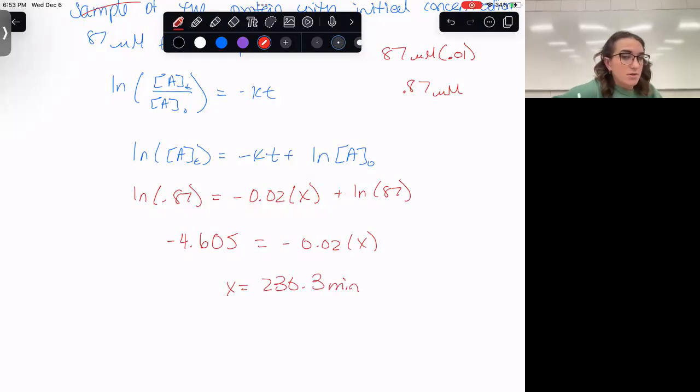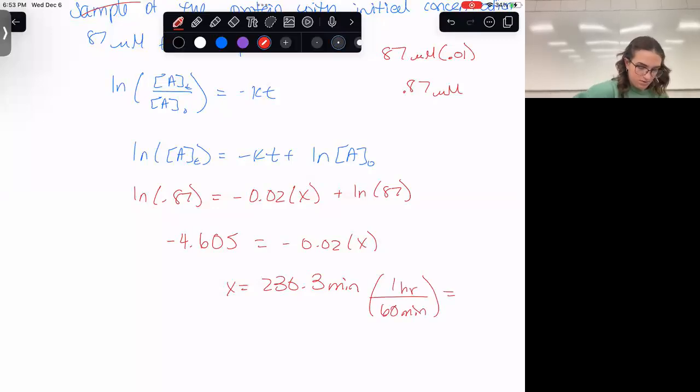You're given 0.05 seconds, 0.5 minutes, 230 seconds, 86 minutes, or 3 hours. Since none of the first 4 match, I'm going to convert to hours, where 60 minutes is equal to 1 hour. And here you get 3.8 hours.